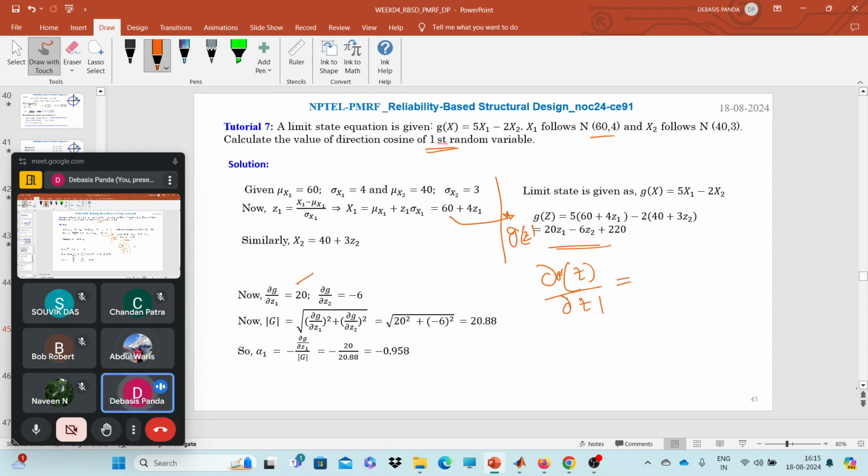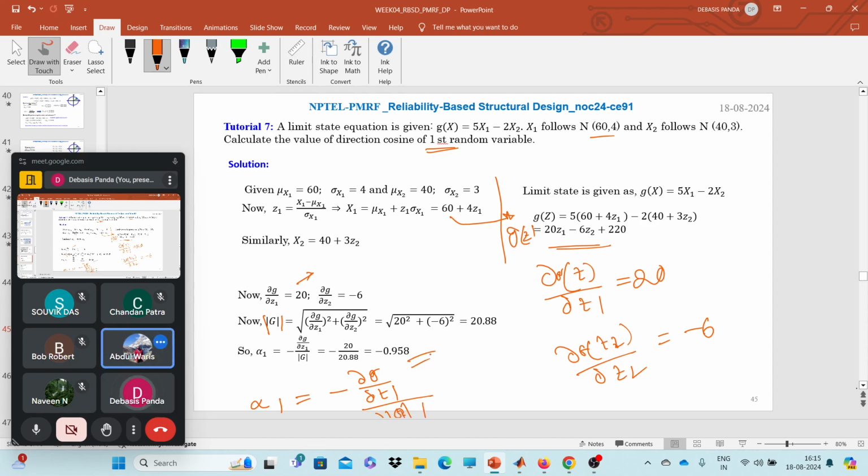You will get 20, and the derivative of g(z) with respect to z2 you will get as -6. Once you get the derivatives of the limit state function, you can find the Euclidean norm. And once you have the Euclidean norm, the value of alpha is nothing but minus dg/dz1 divided by the norm of the gradient of g.